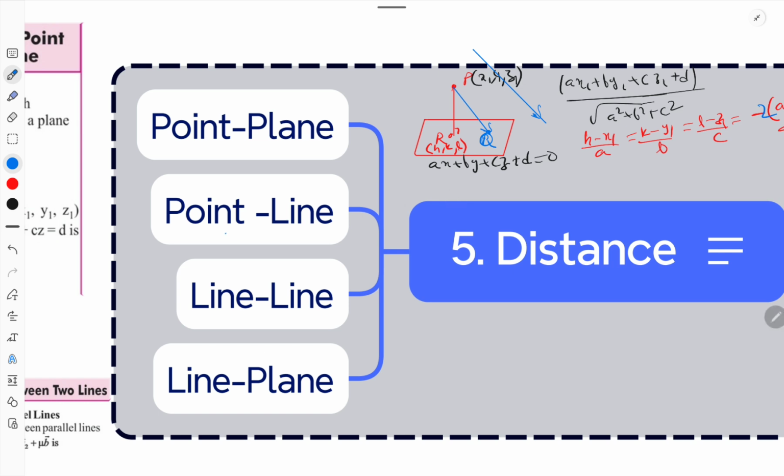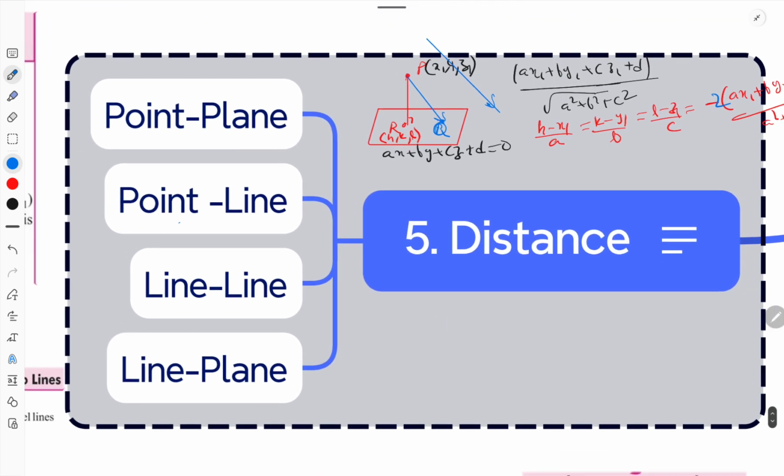Next, point and line. What are the things that can be discussed about a point and a line? You are given a point P, say x1, y1, z1, and a line (x minus 1)/2, (y plus 1)/3, z/4. How do you find the perpendicular distance from the point to the line?